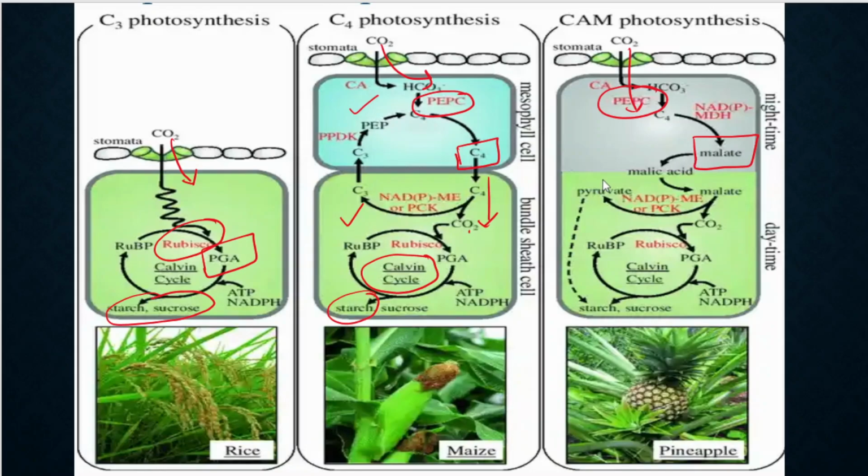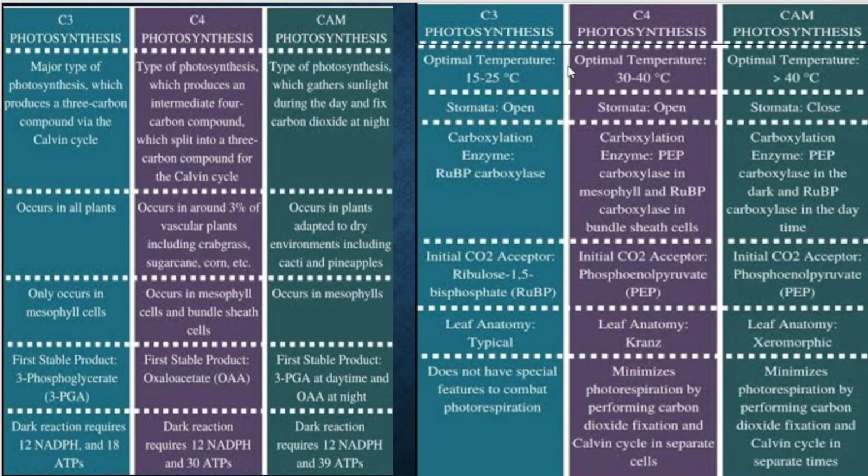But then in the daytime, this malate is used to release the carbon dioxide, and the Calvin cycle takes place only in the daytime when the stomata are closed. Therefore, no oxygen can enter into the mesophyll and therefore photorespiration is avoided. So this is how the process of photosynthesis is different in C3, C4 and CAM plants.